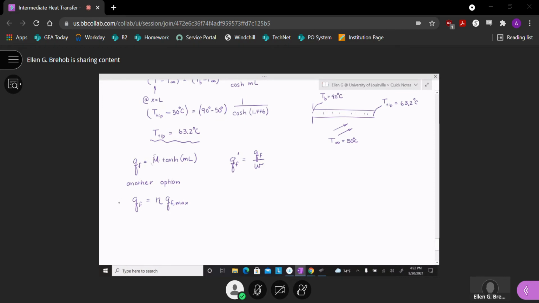So this equation I've just written, it's just the fin efficiency equation rearranged. So it says QF is fin efficiency times the QF max. Okay, and I want to expand out the maximum heat removal from the fin: it is a heat transfer coefficient, area of the fin, and then T base minus T infinity.